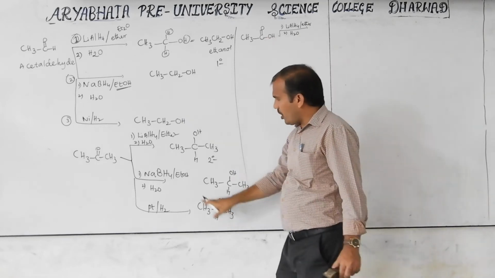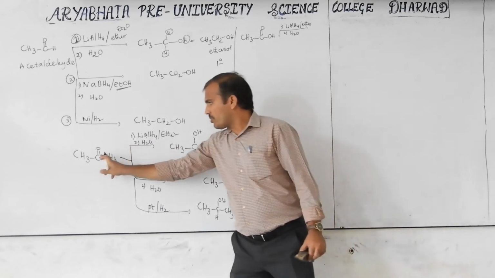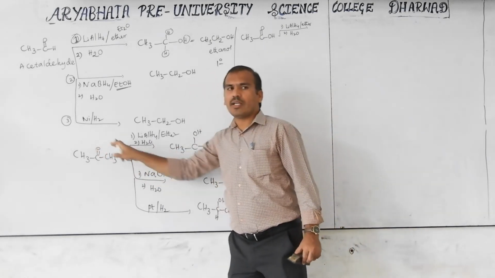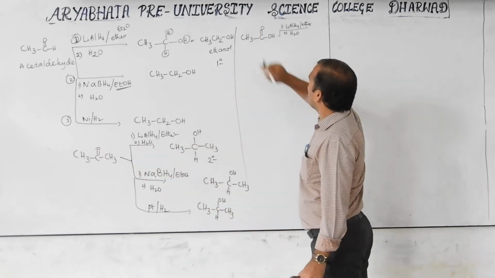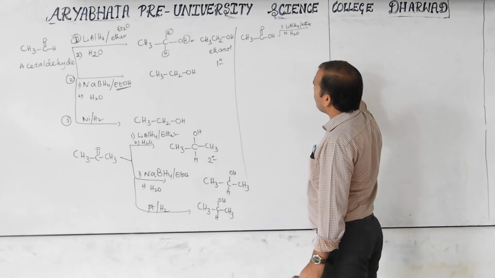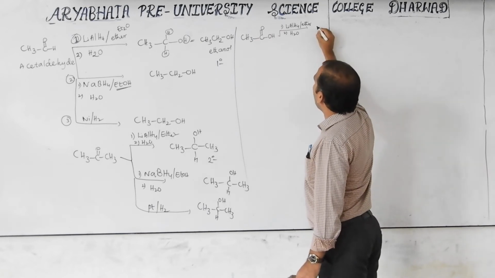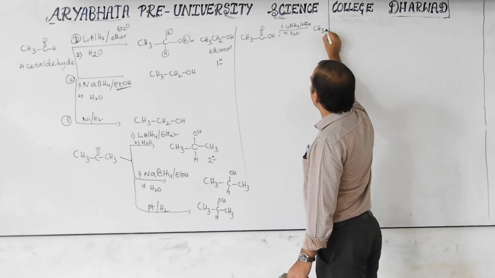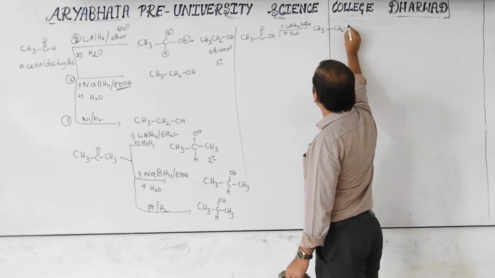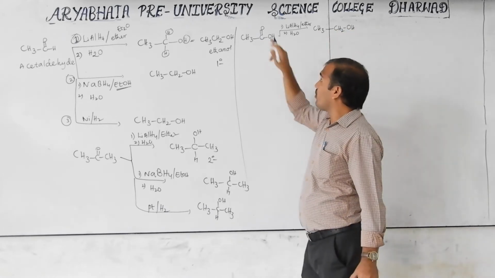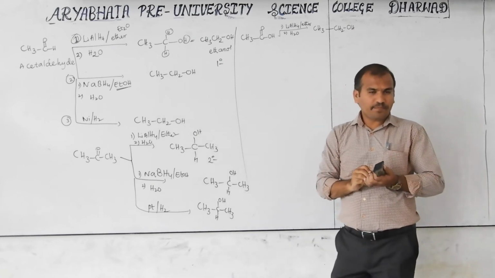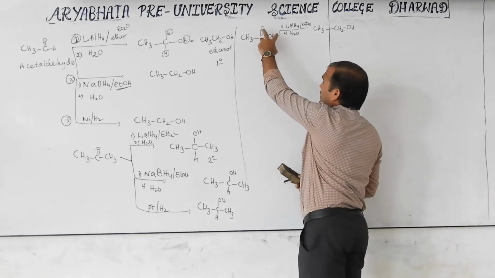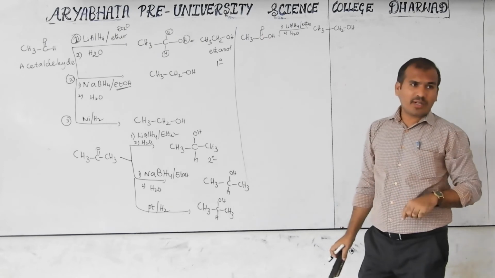Like the ketone, here H is added, OH is added. This will be different. Here both are added as H only, because this is CH3CH2OH. Two OH on the same carbon is unstable, already we discussed.